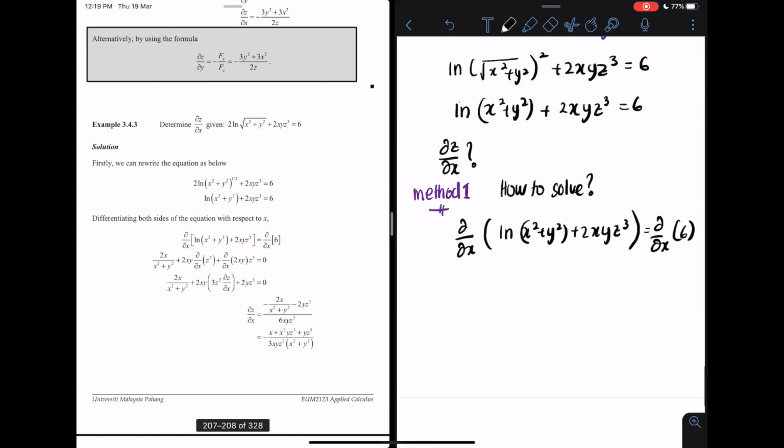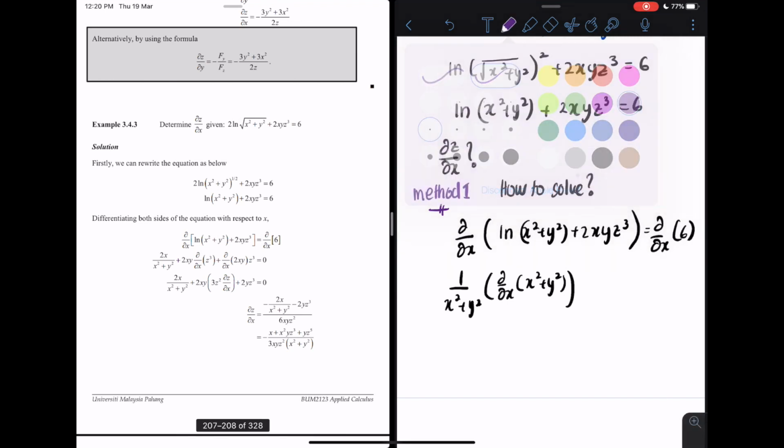And then the question asks me to determine del z del x, and any variable that is not related to z and x I will treat as a constant. In this case, I will treat y as a constant. Therefore, I will get 1 over x squared plus y squared, del x of x squared plus y squared. Okay, we try to focus on one term after another.